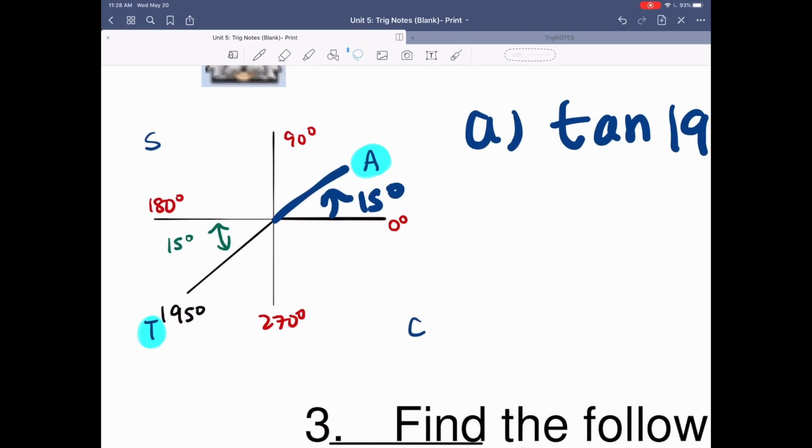Let's keep going. I can continue to draw my new terminal arms. If that is the next one, I'm going to make sure that it has a related acute angle of 15 degrees. How do I get this angle? I'm going to do 180 minus 15 degrees, and that is equal to 165 degrees.